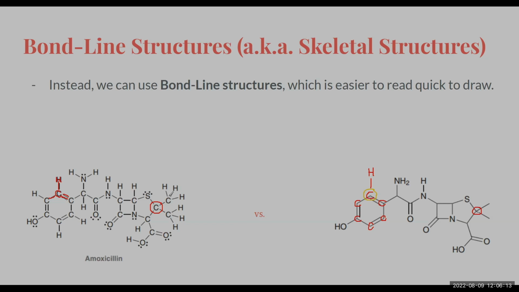Whereas if we look at a terminal carbon, like this one, and compare it to the one right here, this carbon only has 1 bond to another atom. So we will just draw the proper amount of hydrogen such that the carbon makes 4 bonds total. That's how we get 4 hydrogens attached to it. And that's basically bond line structure.